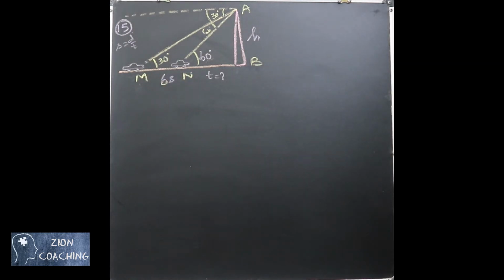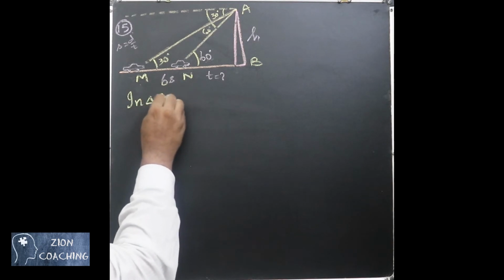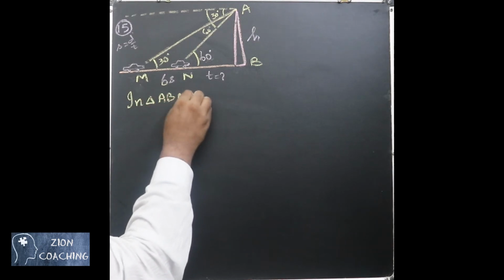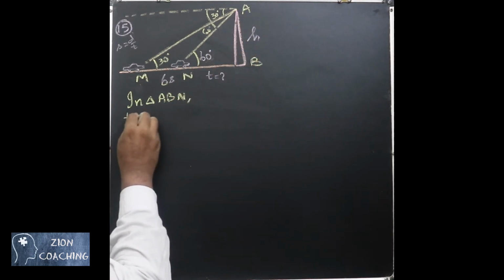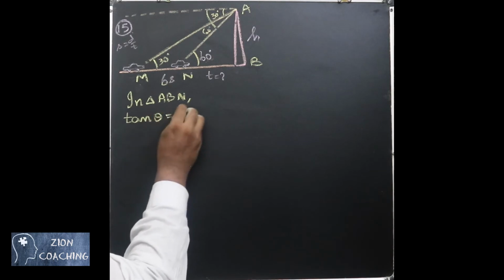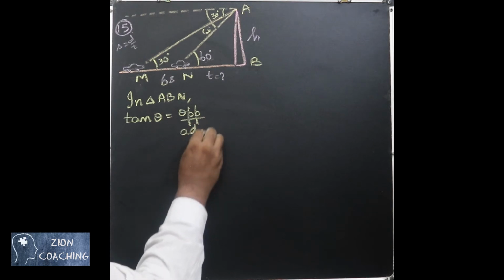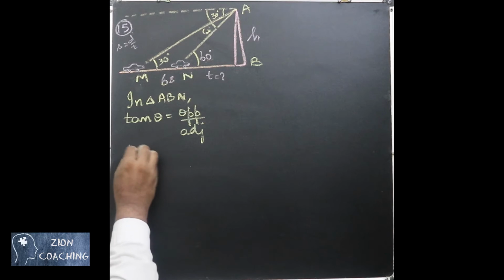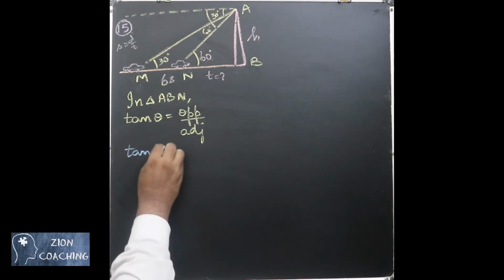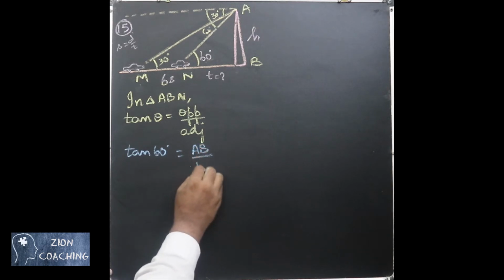Now taking the smaller triangle, that is ABN, in triangle ABN we are going to relate the opposite side and the adjacent side. That is, we are going to use tan theta. Tan theta is opposite side by adjacent side. Substituting the values, now the angle is 60 degrees, so we will have tan 60 degrees equal to opposite side, that is AB, by adjacent side, that is BN.